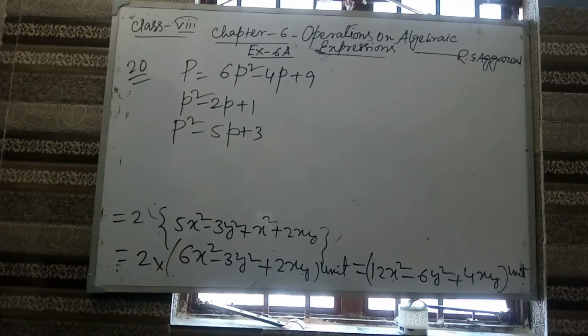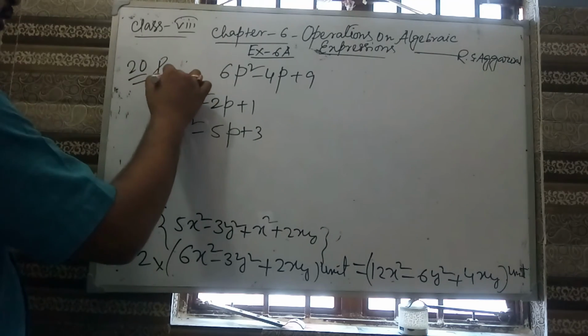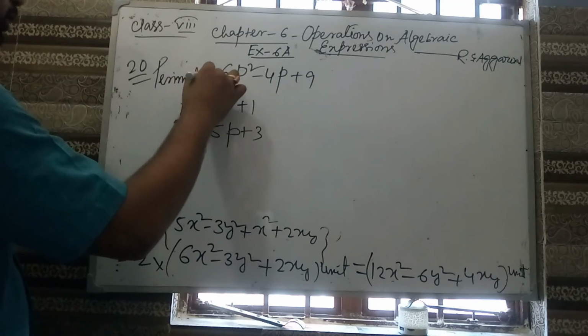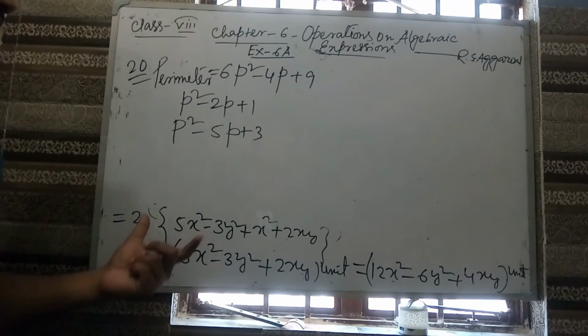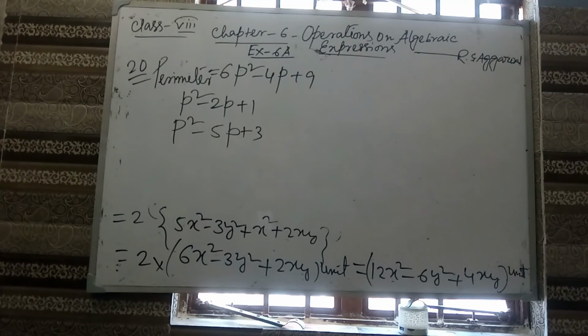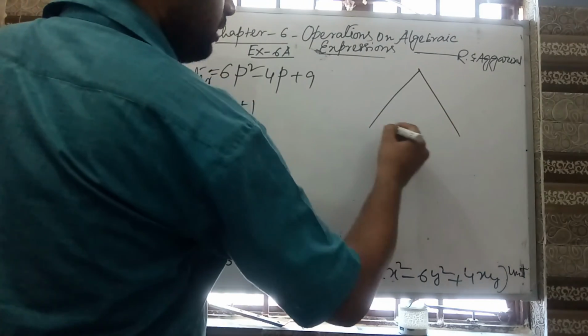You may be confused, that's why I am writing the whole thing. Perimeter equals this one. One side is this one, another side is this one. Now, it will be clear what you have to do when I give you a numerical example.